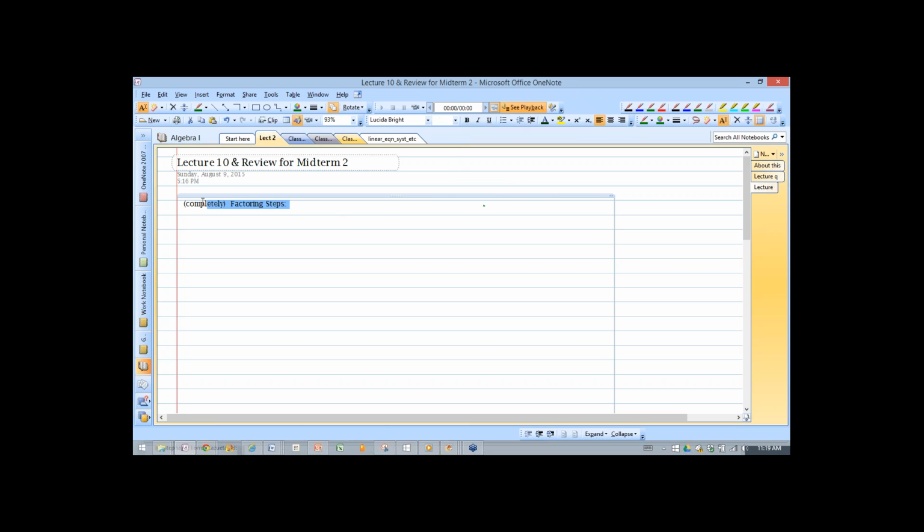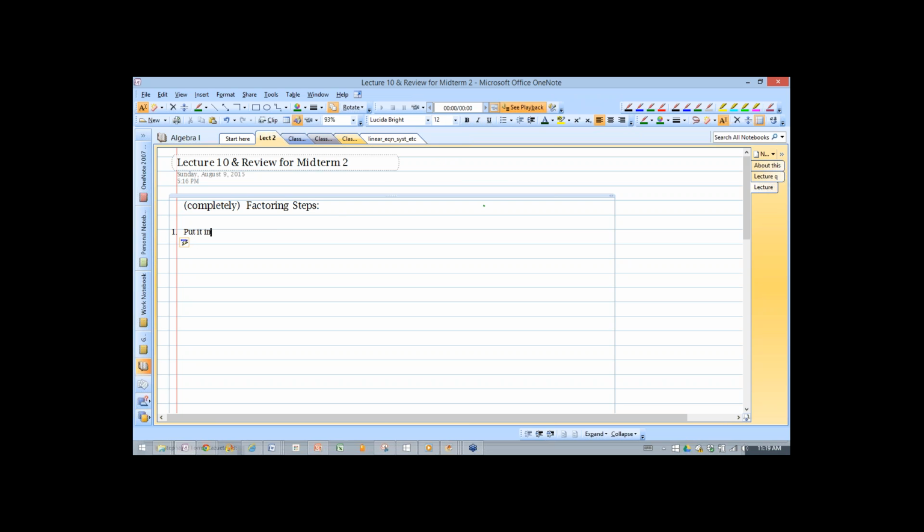Let me get this example up for y'all. The first thing you want to do when you are factoring is, number one, make sure the polynomial is in descending order, or standard form.